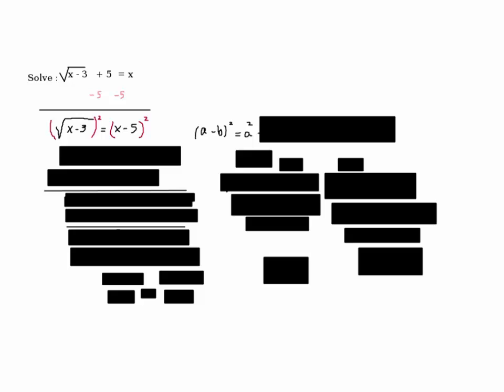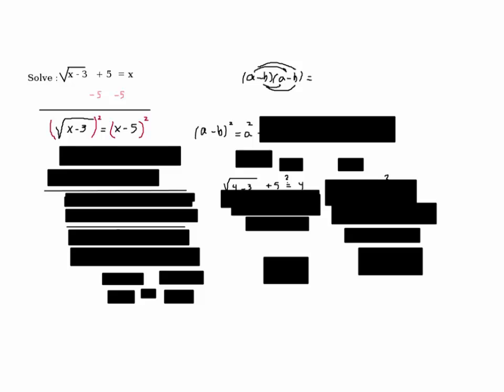All right. This would be like a minus b times a minus b. Okay, if I multiply this term by term, will that help you to tell me what would be the formula? This would be like a squared minus ab minus ab plus b squared.